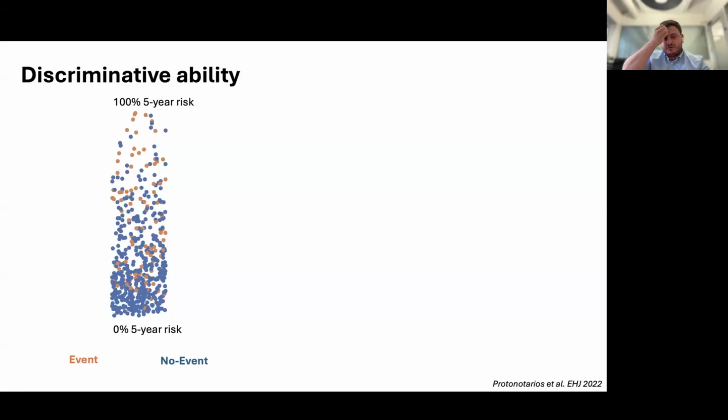This is what you see. Of course, most patients are at the bottom, with a low risk. That depends on the overall prevalence of the event in your study. That's not true for every cohort, but for ARVC and sustained ventricular arrhythmia, this is how it looks. As you go to the top, you see that the oranges are proportionally more than the blues, which means you're on the right track in terms of discrimination.